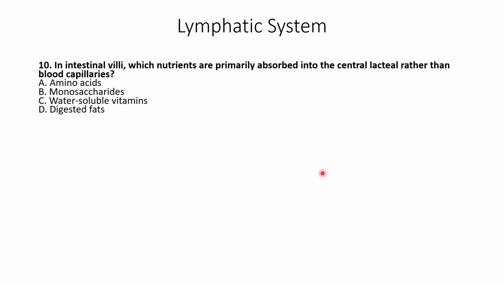The answer is D. Yep, it's digested fats. So essentially, the lacteal is the lymph vessel that's found within the intestinal villus, and it's right next to the blood capillaries as well. That's also there in the villi, right? And the speciality of lymph fluid is that it takes up a lot of these fats. So the digested fats are what enter into the lacteal.